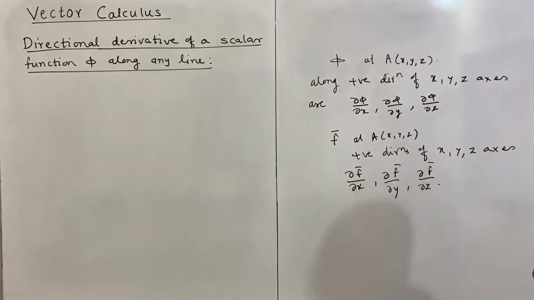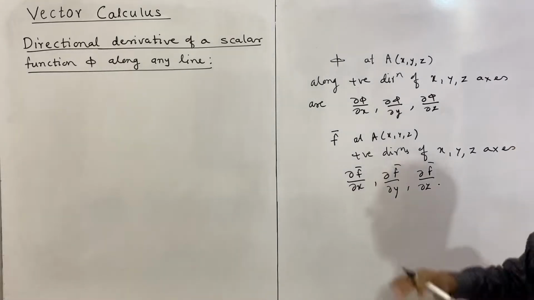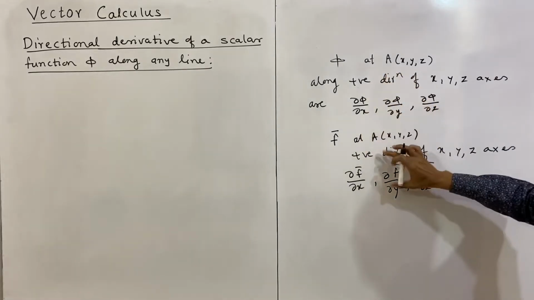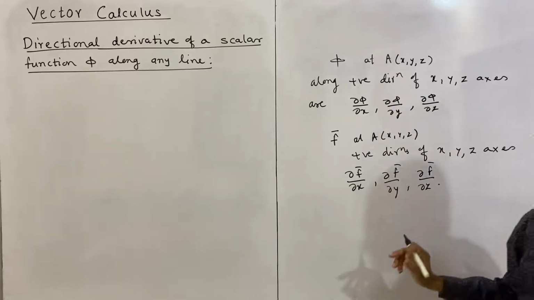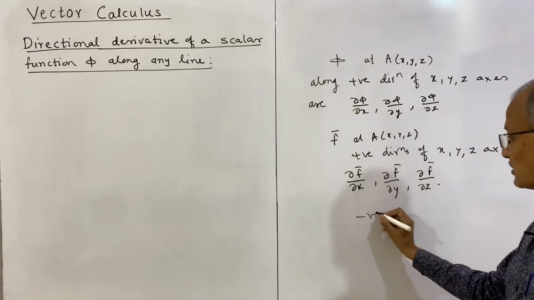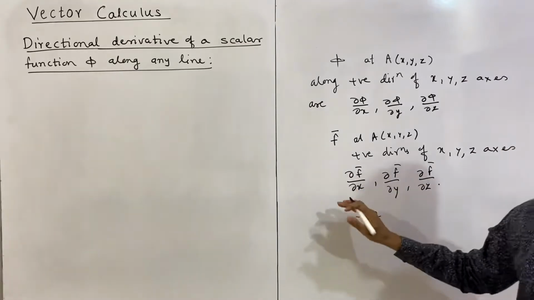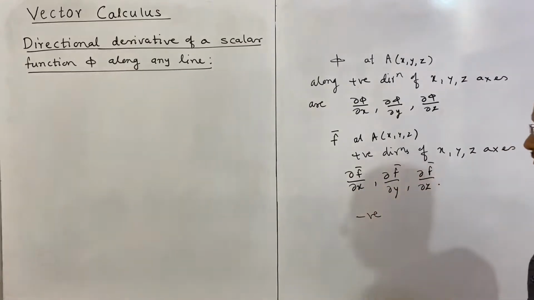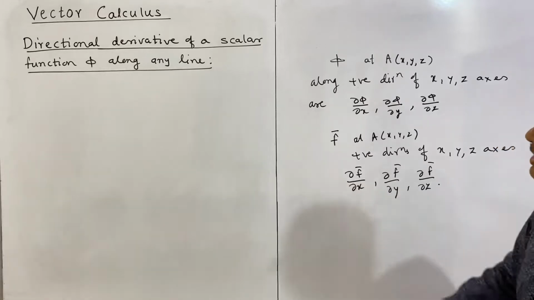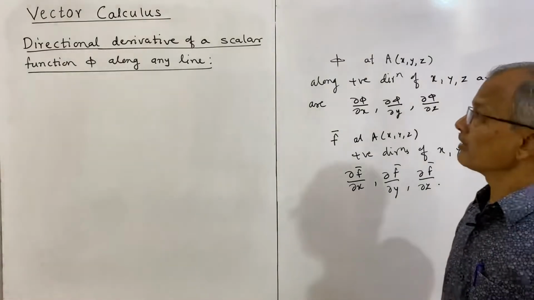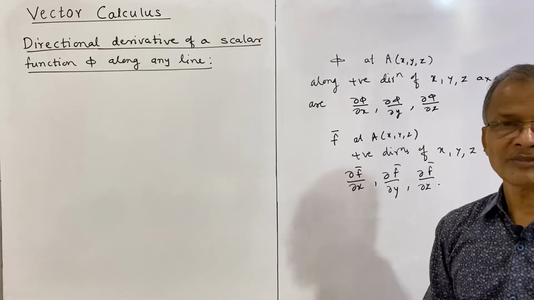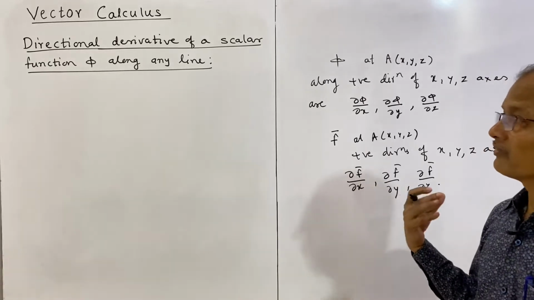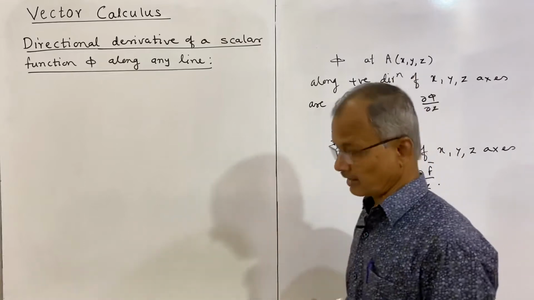So these are the directional derivatives of a scalar point function and a vector point function along the positive directions of the x, y, z axes, and if you take the negative directions, there will be a negative sign for these partial derivatives. Now in this lecture we shall study the directional derivative of a scalar point function along any line, and similarly the directional derivative of a vector point function along any line.